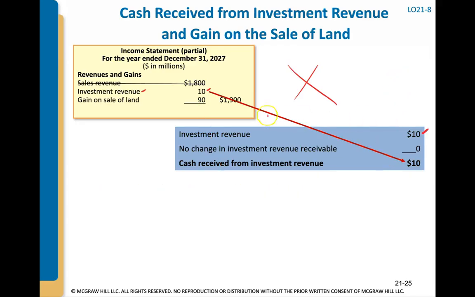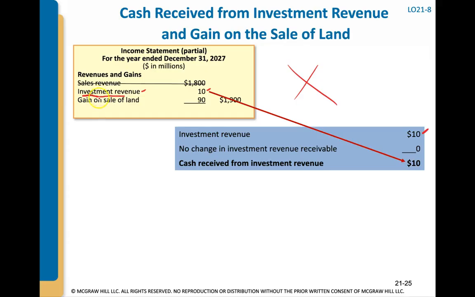Okay, so before we get to the gain on sale, I want to highlight this investment revenue. Why would investment revenue be reported in the operating activity section? Think about that. Well, when we initially purchased this investment, the revenue is probably interest income, if we were a bondholder and purchased a bond, or if we made an investment, maybe it's dividend income.